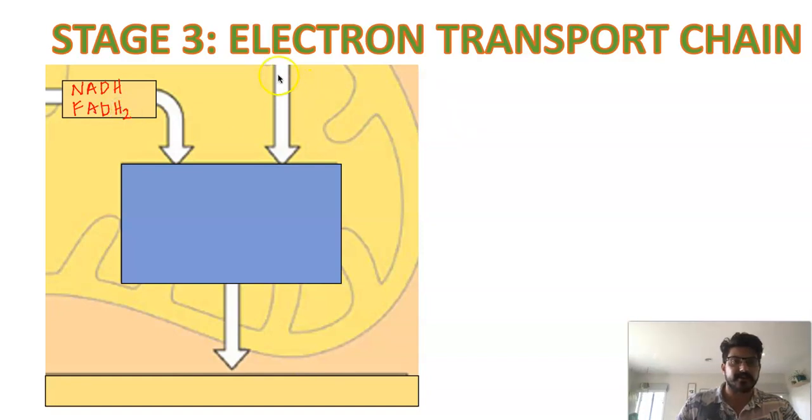And this arrow here is the NADHs from glycolysis. Sorry, my pen is starting to slow down. Yeah, NADH from glycolysis. There we go.